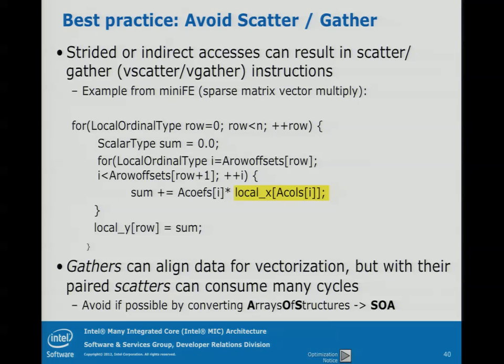The other thing that you can do is convert arrays of structures into a structure of arrays. So let's say you've got an image analysis program and you want to work on RGBA values. Okay, typically you would have a C++ object or a C struct that contains red, green, and blue.